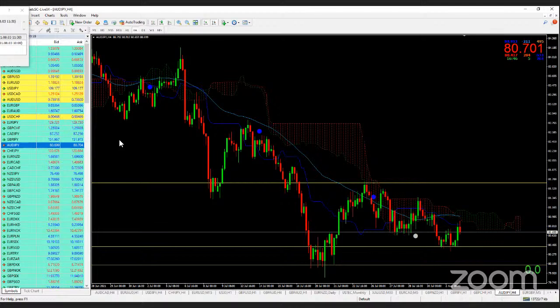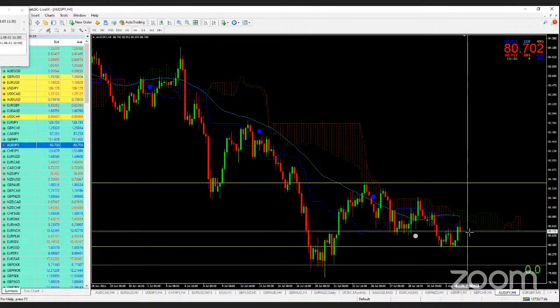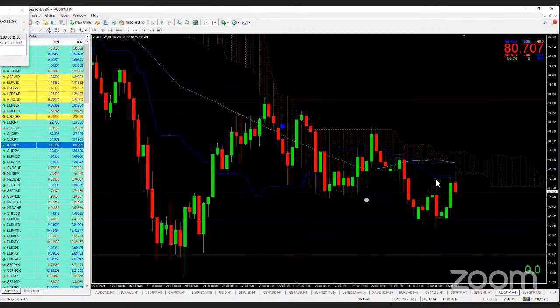Okay, so with this harmonic pattern, which I'll be drawing up, Aussie dollar JPY, this would have been the best entry. If you still want to enter here, I mean, it's pulling back for us now, so that's a good thing. So, I mean, I would still maintain this as the stop loss though.